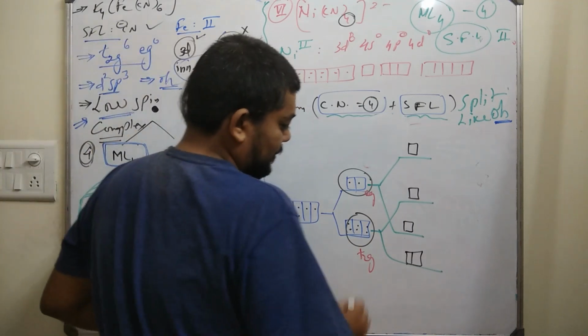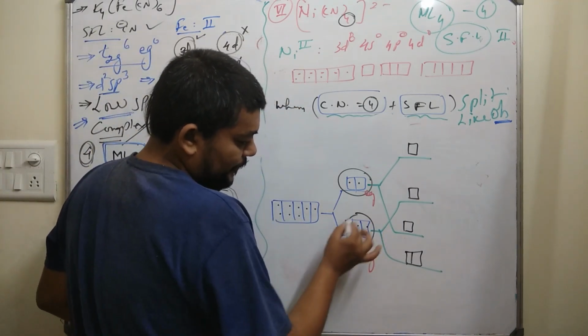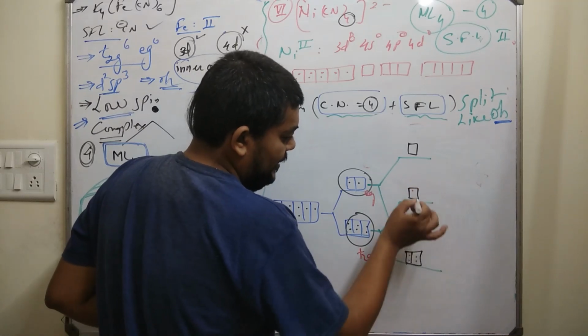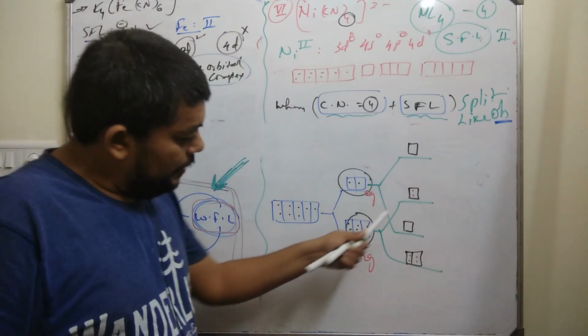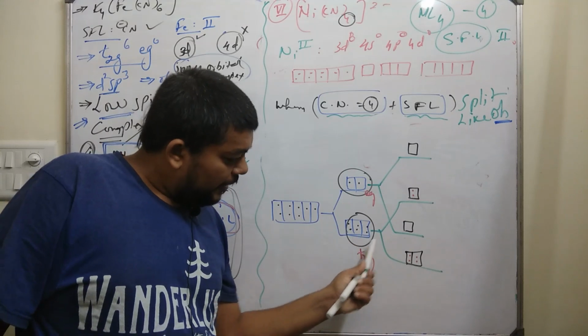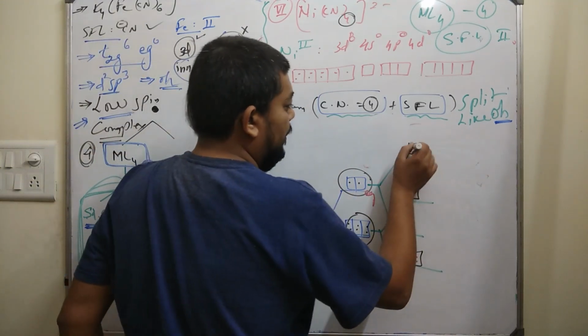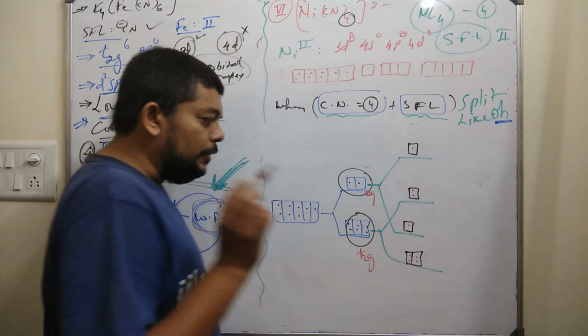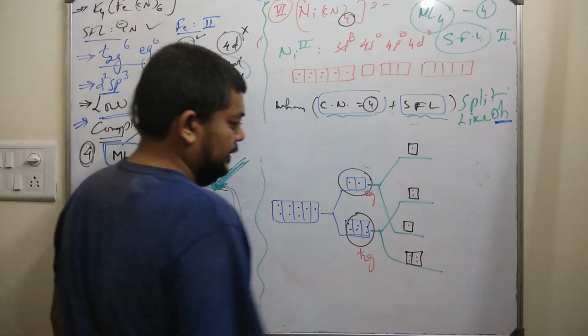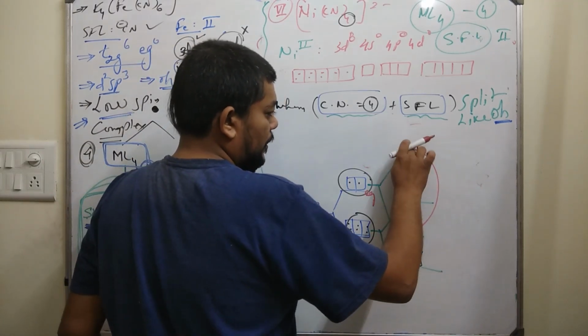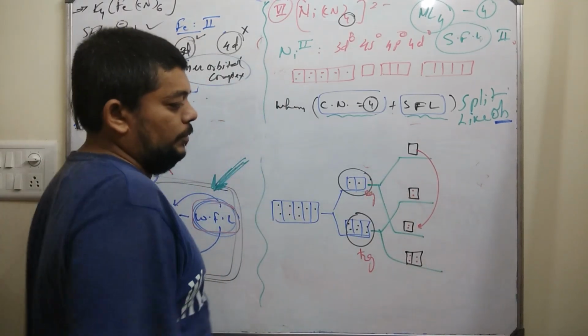What happens over here? There are 6 electrons over here. So it's 1, 2, 3, 4, 5, 6. Don't get confused. These two levels belong to t2g and therefore I have added electrons first over there. And one over here and one over here. So ideally what happens is, as it's a strong field ligand, this will fall down and it comes over here.